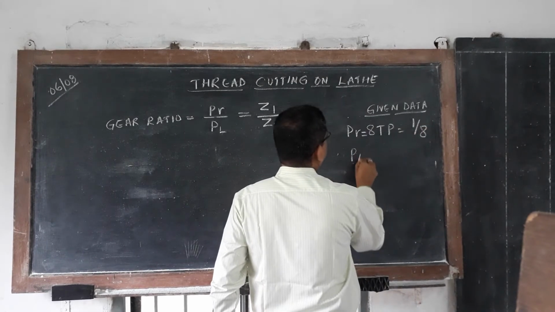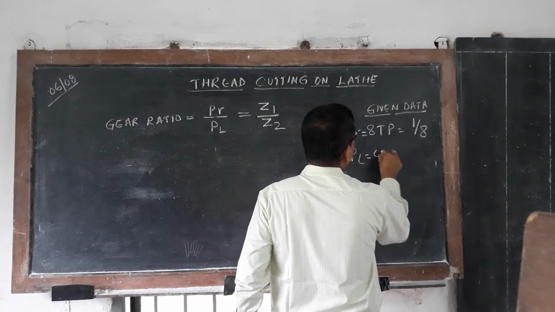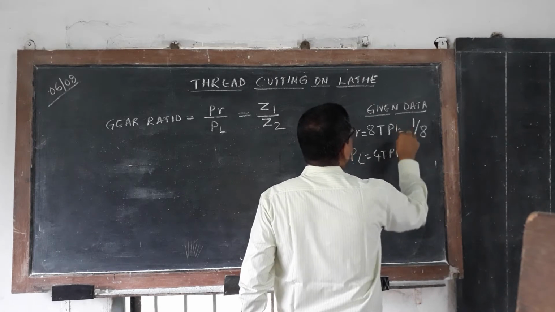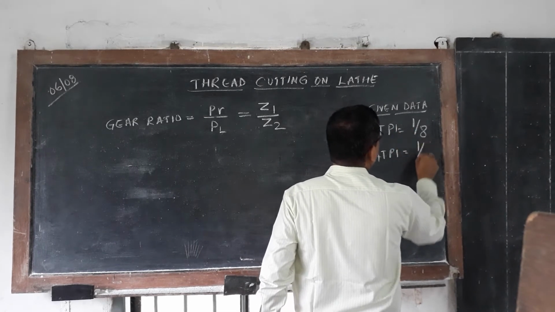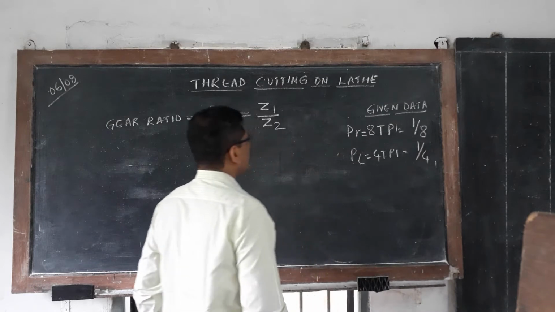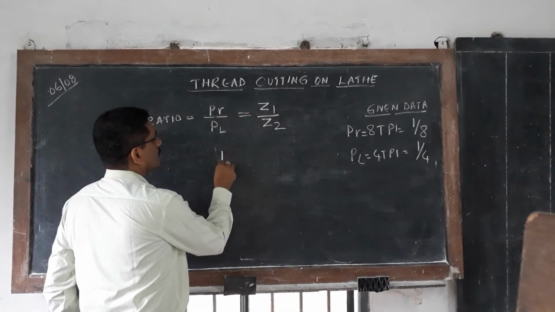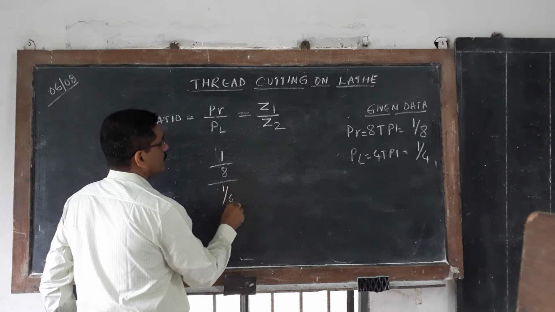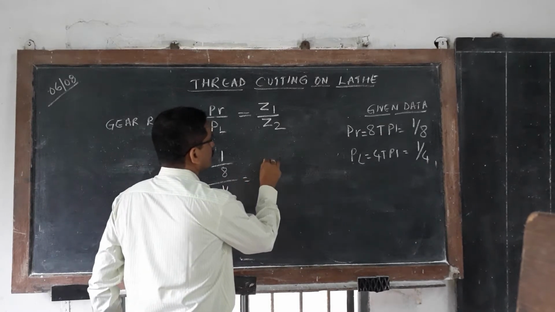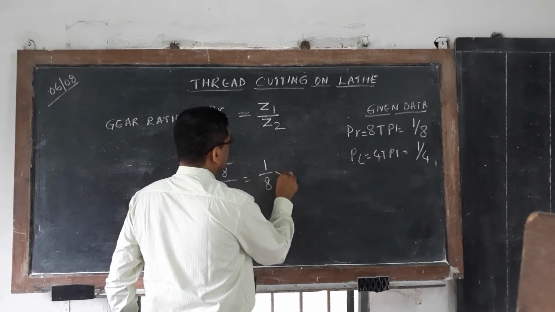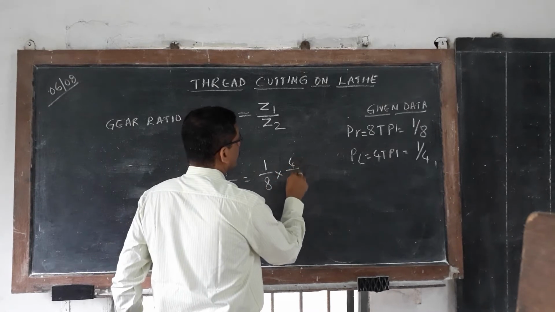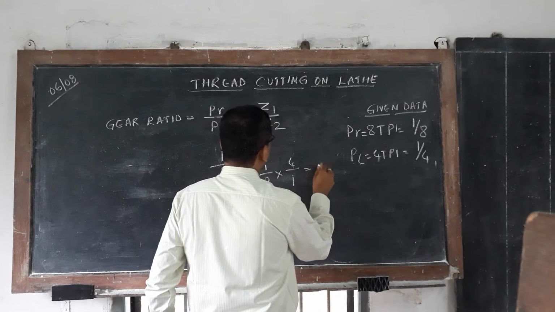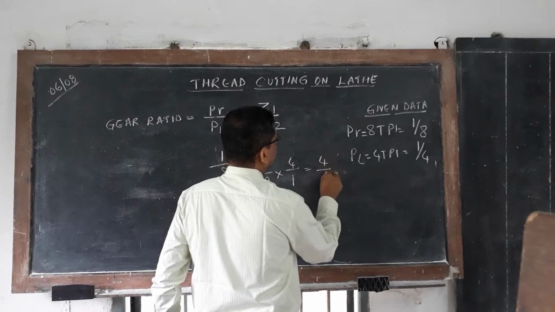Pitch of the lead screw 4 TPI is equal to 1 by 4. So when you do the calculation here now, 1 by 8 divided by 1 by 4. So it is equal to, when you do cross multiplication, 1 by 8 into 4 by 1. So nothing but it becomes 4 by 8.